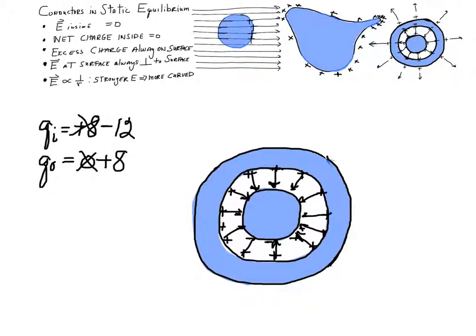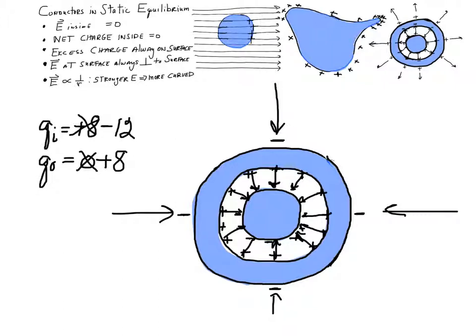So what does that mean? Well, the excess 8 came in, and we needed another 8, so that leaves 4 negative charges evenly distributed around the surface, and 4 field lines coming in like this.